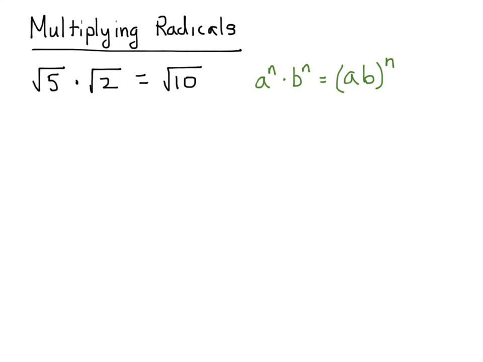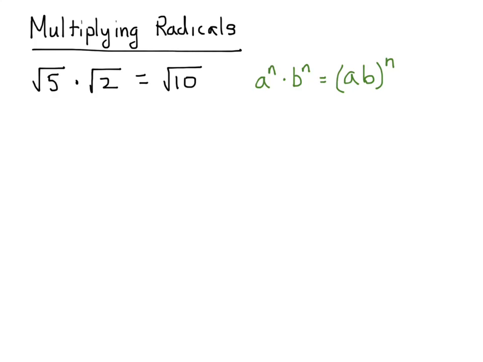Okay, so when we're multiplying radicals, if you look at the rule that we have for exponents, this would be like saying 5 to the 1/2 times 2 to the 1/2 equals 5 times 2 to the 1/2. And so that's where we get this notion where we can take a radical times a radical so long as the index is the same.